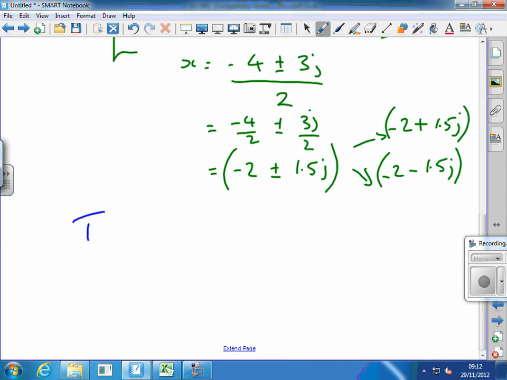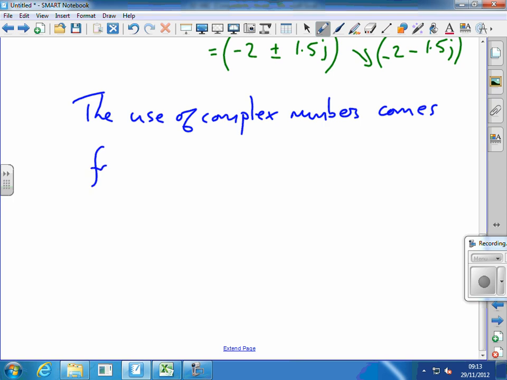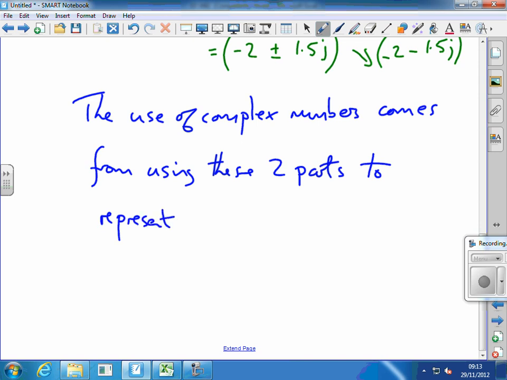The use of complex numbers comes from using these two bits, or these two parts, to represent quantities, vectors, in two dimensions.